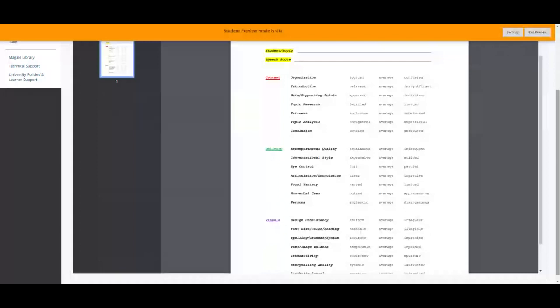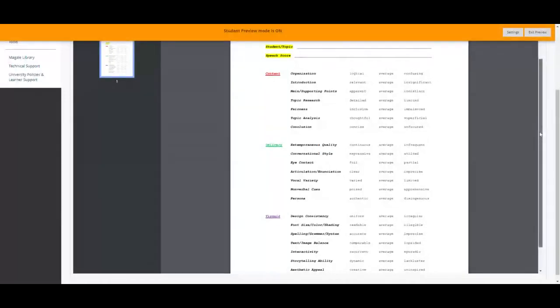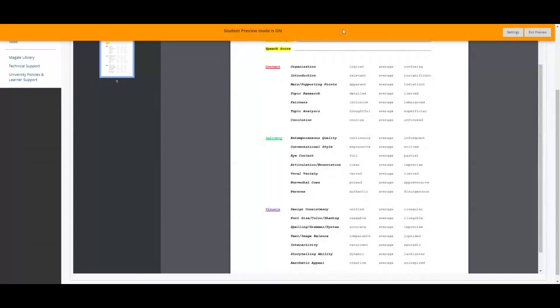For delivery, your extemporaneous quality, conversational style, eye contact, articulation and enunciation, vocal variety, nonverbal cues, and persona. For the visuals of your speech, there's going to be design consistency, font size, color, and shading, spelling, grammar, and syntax, text and image balance, interactivity, storytelling ability, and aesthetic appeal.